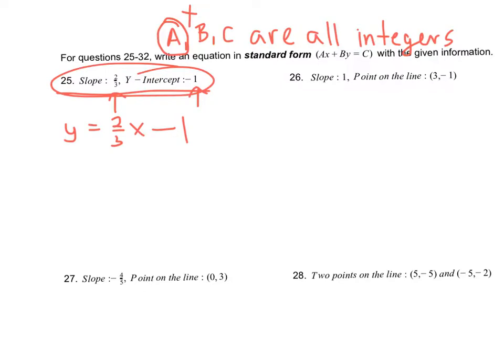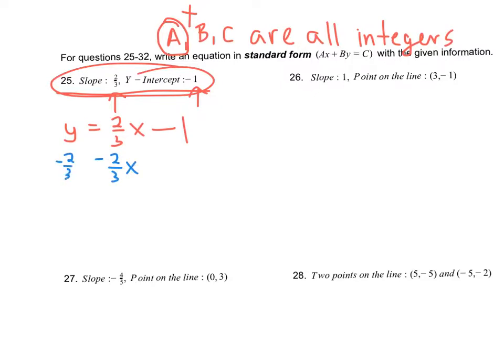But standard form has x and y on the same side of the equation. Well, I already have y on the left side, so all I would really need to do is move this x term over, and now they're on the same side, and there's a constant -1 on the other side. So that's what I'm going to do. I'm going to subtract in order to move that positive 2/3.